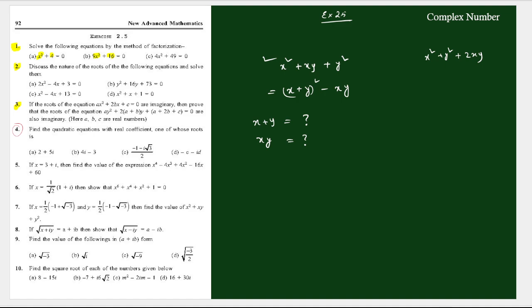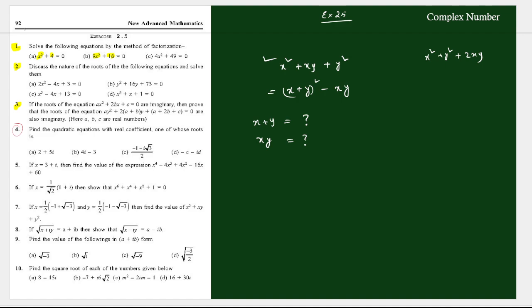Then root over x minus iy, find the values of x and y in that too. Equating both from here, you will get two equations.